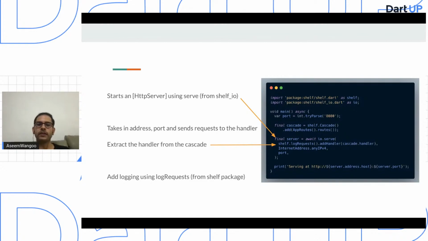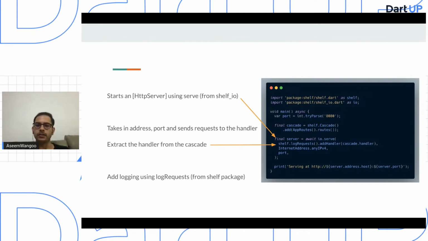Next, we have specified the address of type any IPv4. Finally, the port, which we initialized as 8080 on the first line of the void main function. So this all bundles together and we serve our HTTP server, which is identified by this print statement: serving at http:// server address host and port.